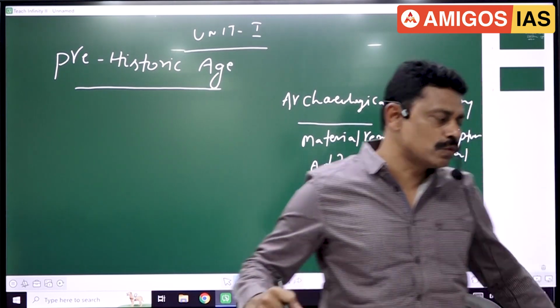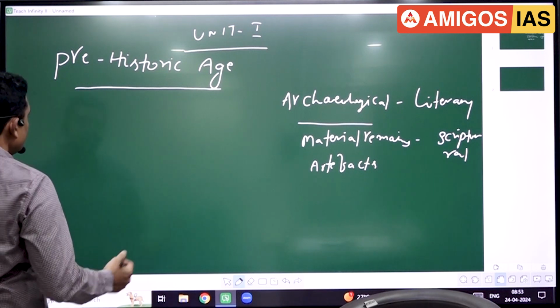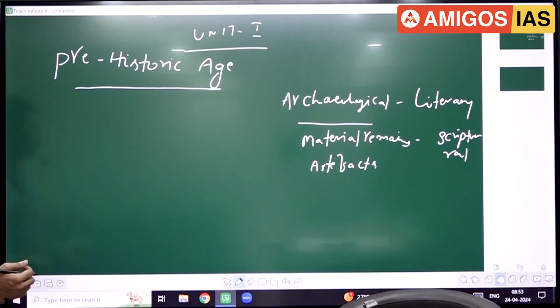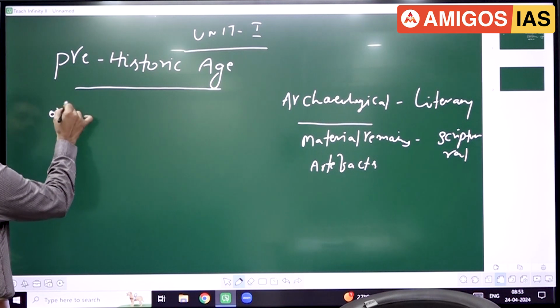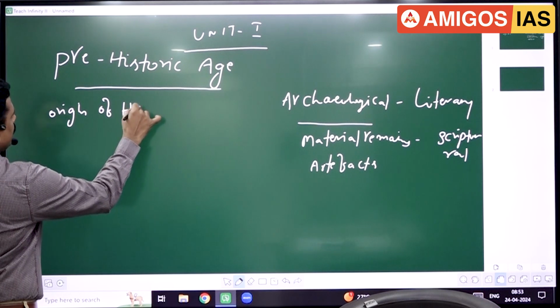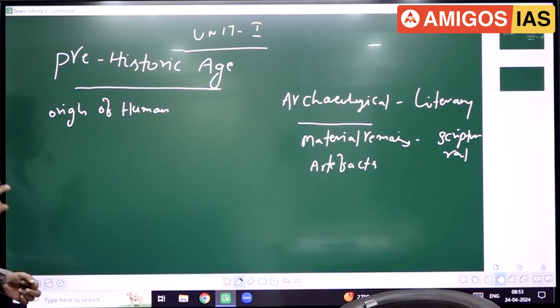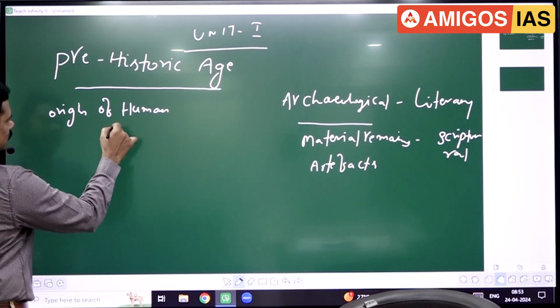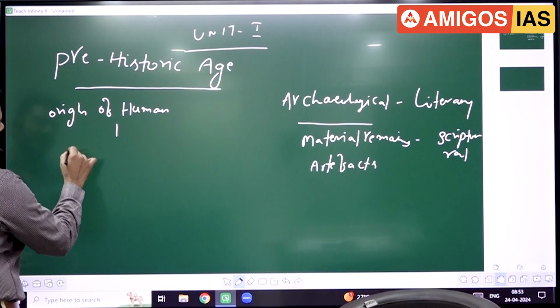So what is the total period of this prehistorical age? Roughly speaking, it commences with the origin of the human on the earth, right from the origin of the human on the earth up to the invention of script.